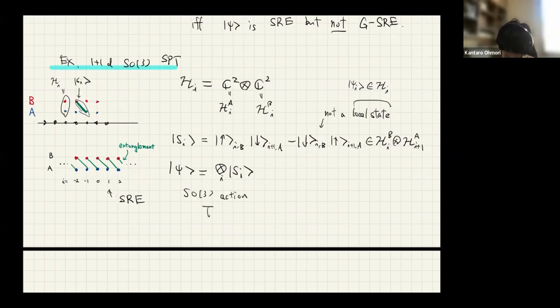So for G in SO3, I define the symmetry transformation on this Hilbert space as this one.